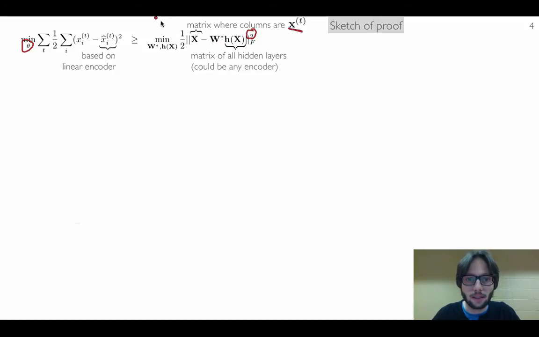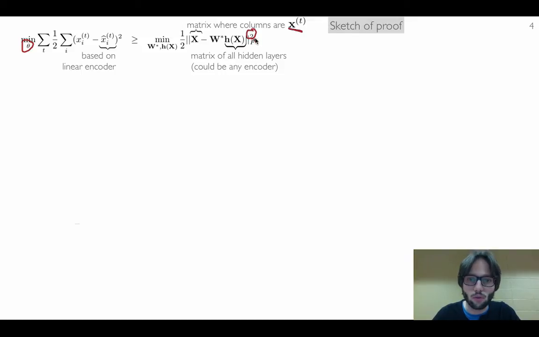If we multiply by the decoder weights W star, then we obtain our reconstruction, because the first column of that expression is the result of multiplying W star by the first column of H of X. All the columns of that matrix would be all the reconstructed vectors.